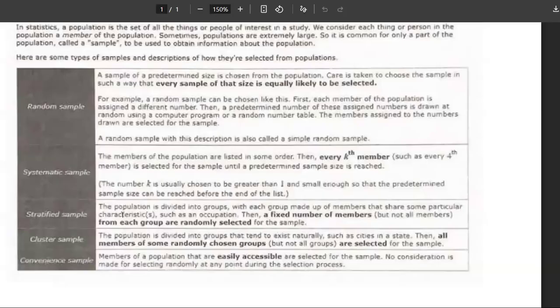It says the population is divided into groups, with each group made of members that share some particular characteristics, such as occupation. Then a fixed number of members, but not all the members from each group, are randomly selected for the sample. So each group basically is being represented. All right, that's the key part about the stratified sample.